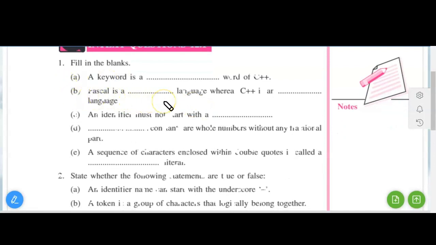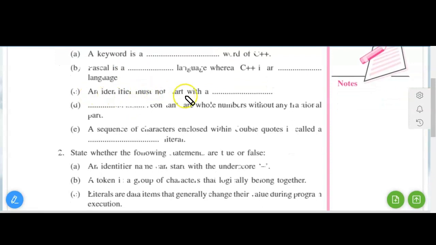Pascal is a structural language, whereas C++ is an object-oriented programming language. An identifier must not start with a digit. Identifier rules we have seen, it never starts with a digit. Dash constants are whole numbers without any fractional part.